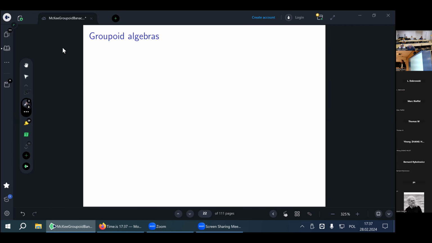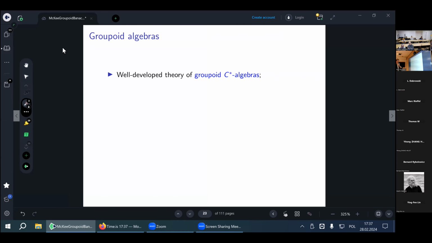So now we want to define an algebra based on the groupoid. And the definition requires us to be aware of these bisections. So, just some history I mentioned before.